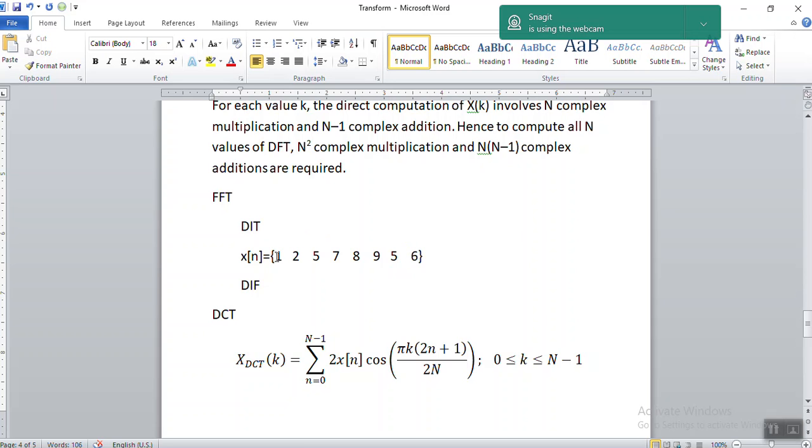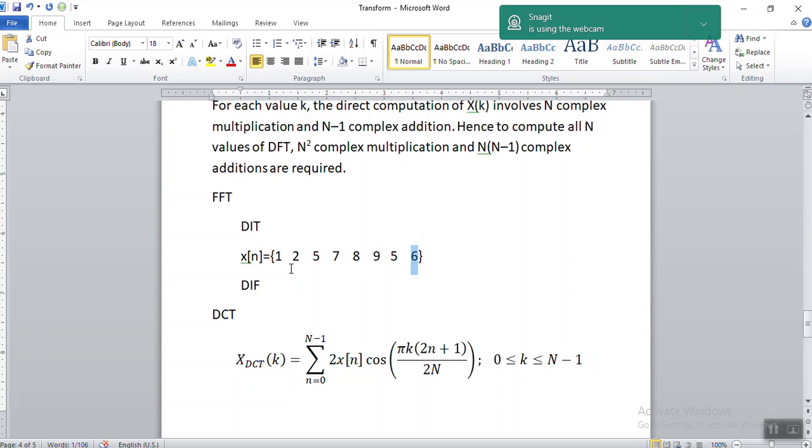So, even numbered samples are this, this, this and this, so 0, 2, 4, 6. That is even numbered samples, not even samples, even numbered samples, and similarly odd numbered samples: 2, 7, 9, 4, these are odd numbered samples.